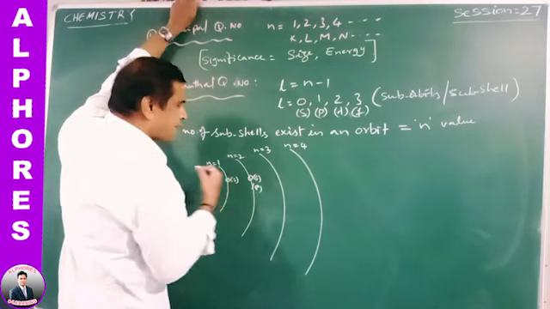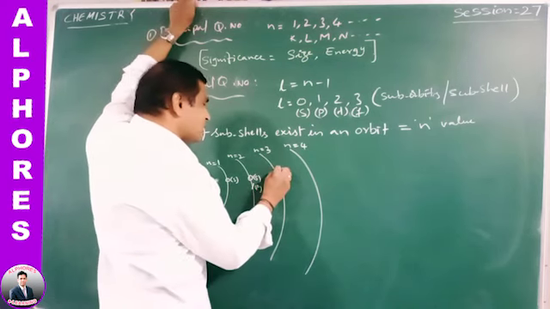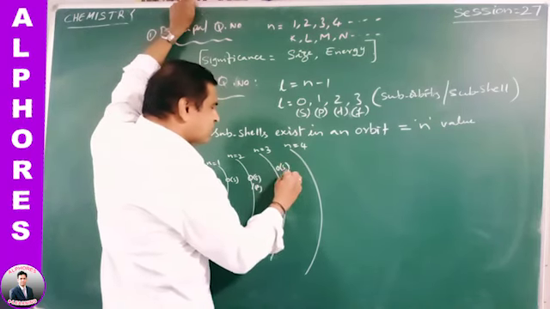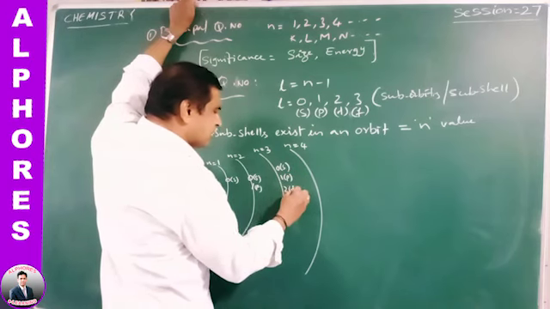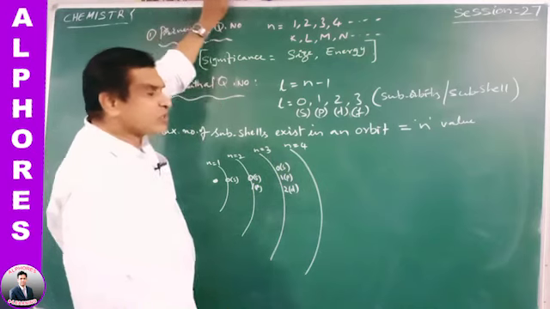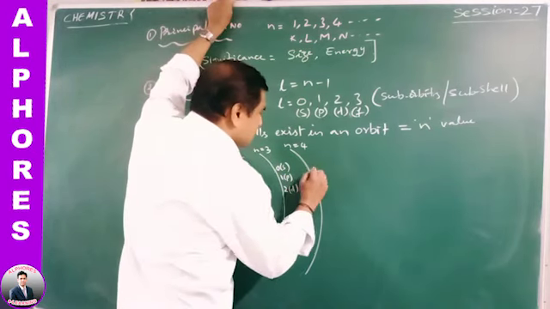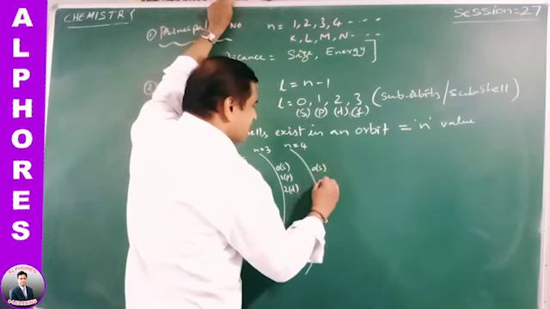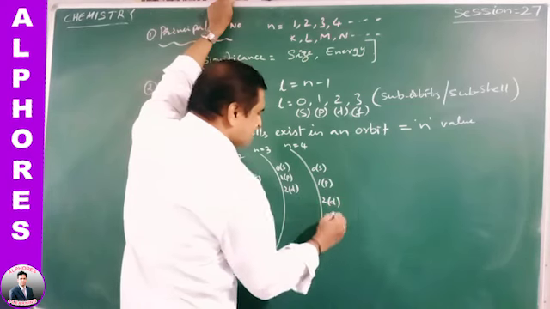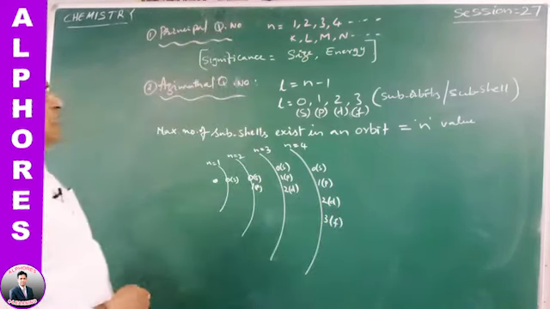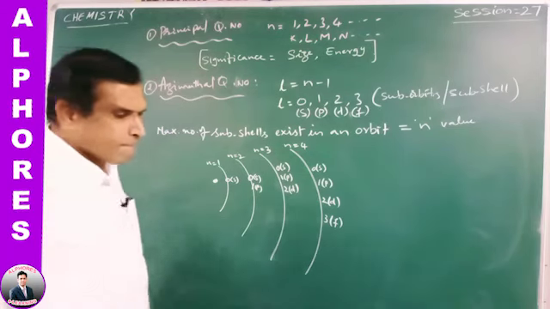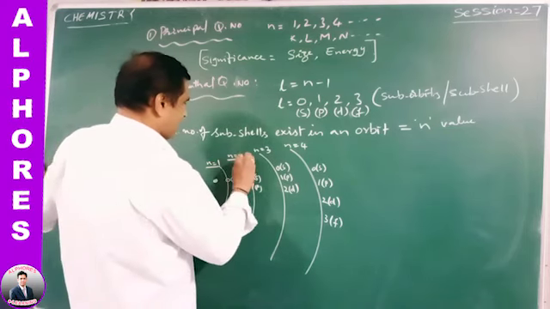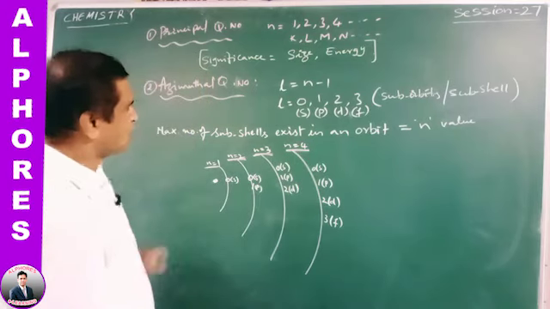In the third orbit, 3 subshells exist: 0, 1 and 2, that is s, p and d subshells. In the fourth orbit there should be 4: 0, 1, 2 and 3, that is s, p, d and f subshells. These are the subshell values.